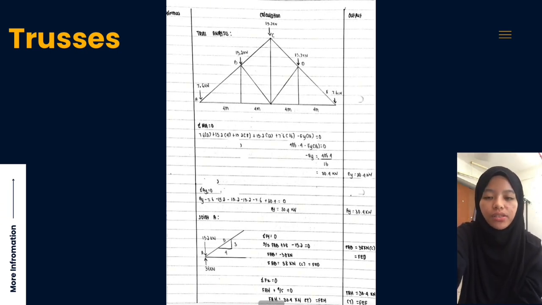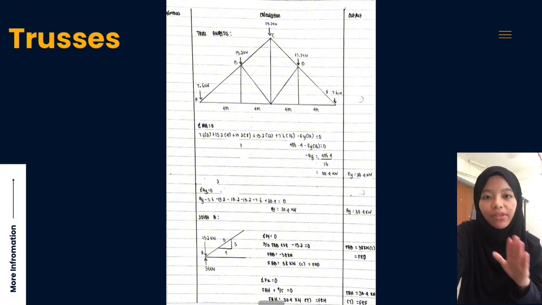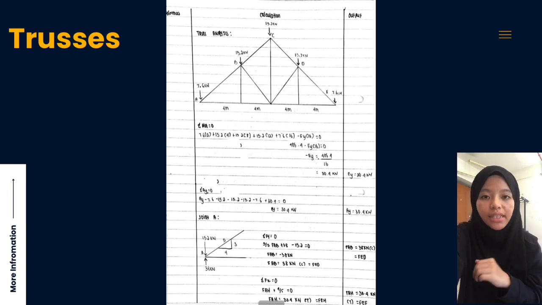From the given truss, we observe a force of 7.6 kN acting vertically downward. We resolve the forces using the equilibrium equations. First, using vertical equilibrium, Fy equals 0, we calculate the vertical component of FAB: 3 divided by 5 FAB plus 30.4 minus 3 divided by 5 FAB plus 30.4 minus 7.6 equals 0.